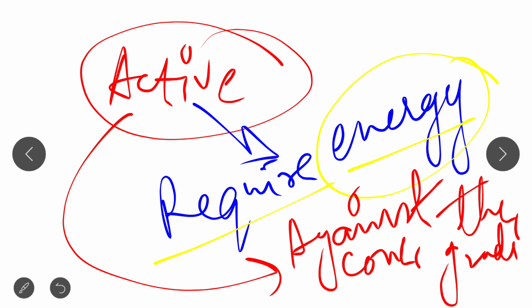So this is a major difference between active and passive transport. In passive transport, the transport is along the concentration gradient, while in active transport, the transport is against the concentration gradient. That means it requires energy.